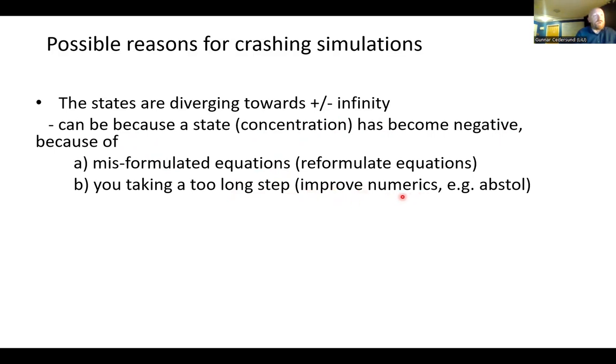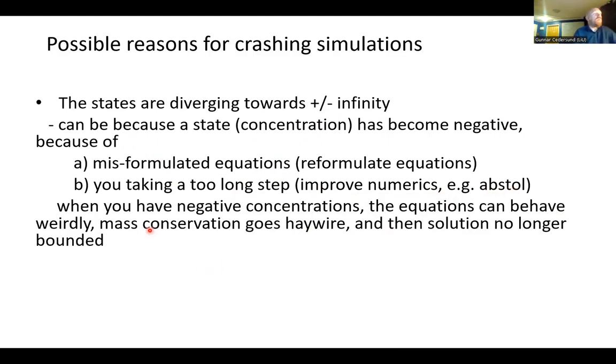This is when you should improve the numerics, maybe change abstol or reltol. And when you have negative concentrations, the equations in reaction-based models typically won't behave well. Mass conservation doesn't work, and the solutions might really start to become strange.